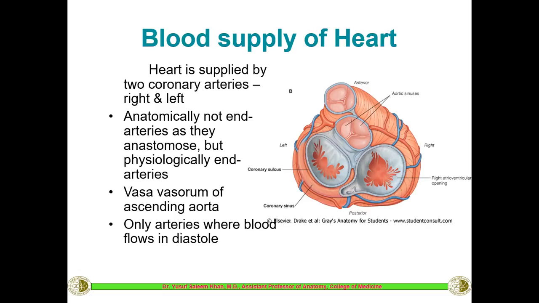Once the blood is pumped from the left ventricle in systole, it is pushed into the aorta, gushing to all parts of the body. And when the heart relaxes, especially the left ventricle, the blood regurgitates and comes back to this position, but these valves close, so it cannot go back into the heart. So this blood now starts flowing into these coronary arteries. These are the only arteries in the body which carry blood during diastole instead of systole.